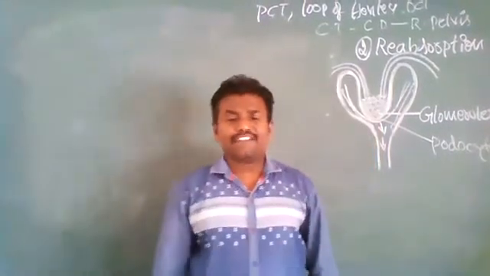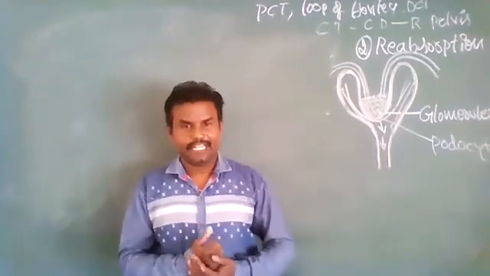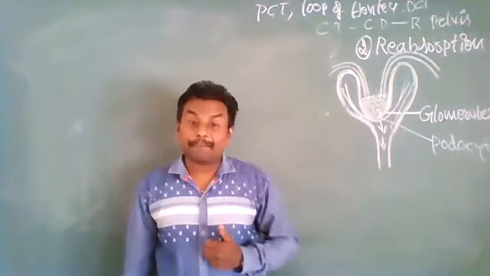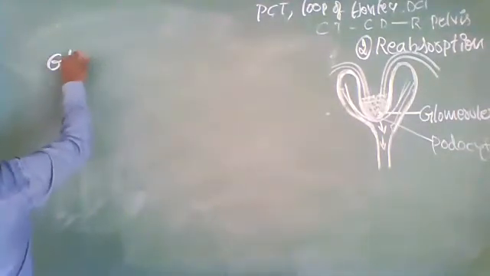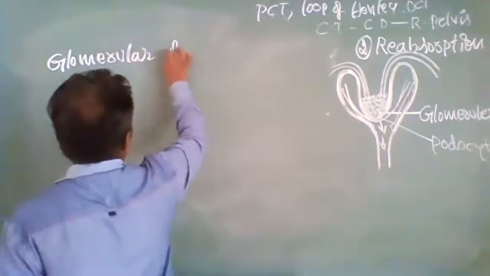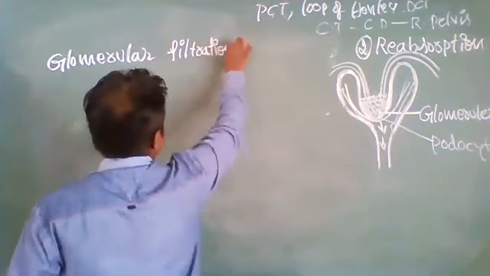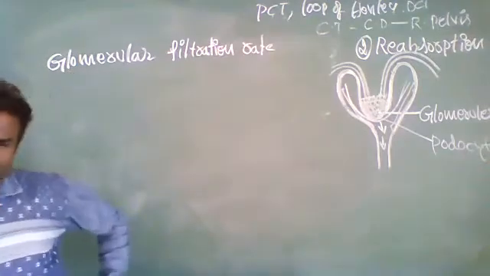The amount of the filtrate formed by the kidneys per minute is called the glomerular filtration rate.